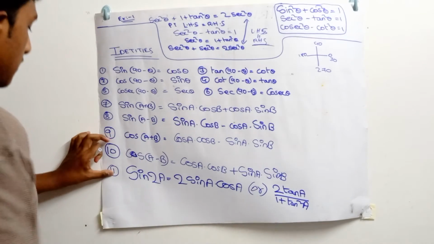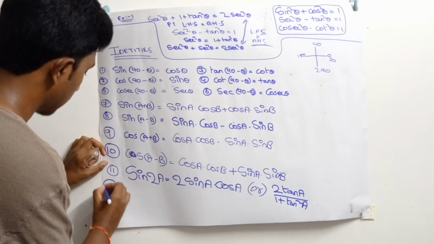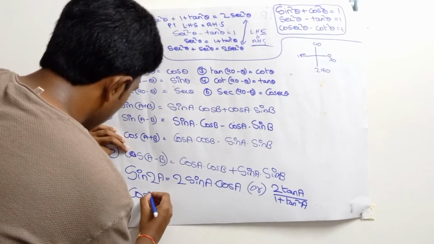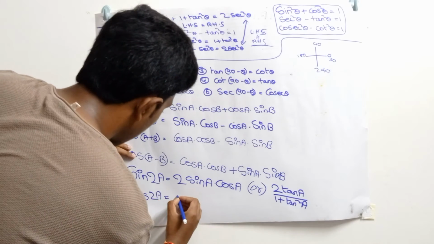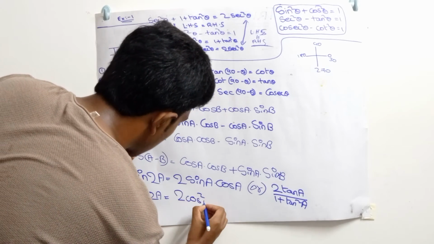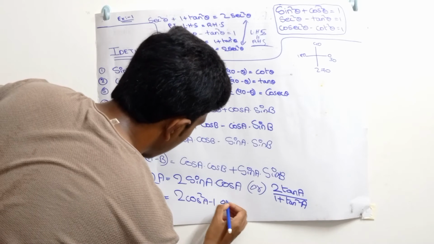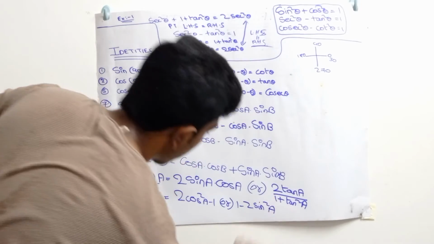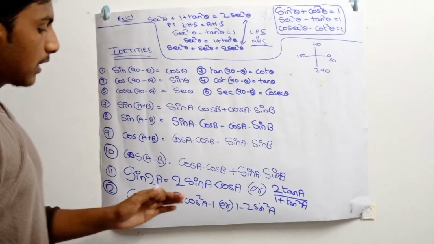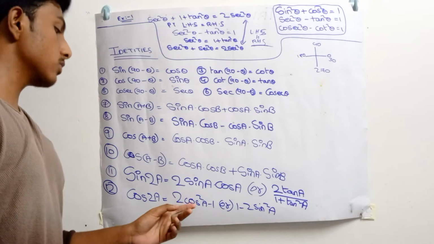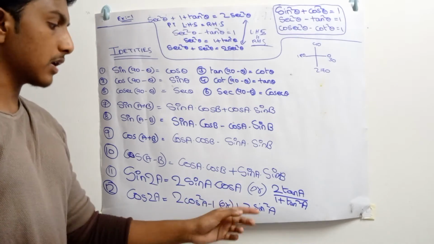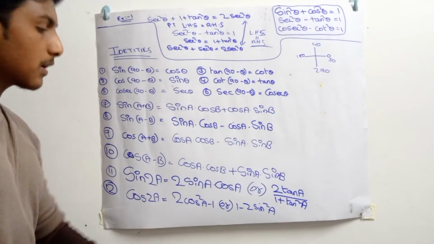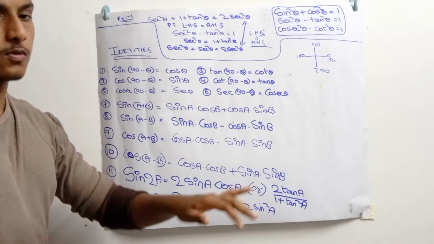Now moving to the 12th one, cos 2A is 2 cos square A minus 1, or 1 minus 2 sin square A. When we want to write in terms of cos, we use this one, and when we want to write in terms of sin, we use this one.